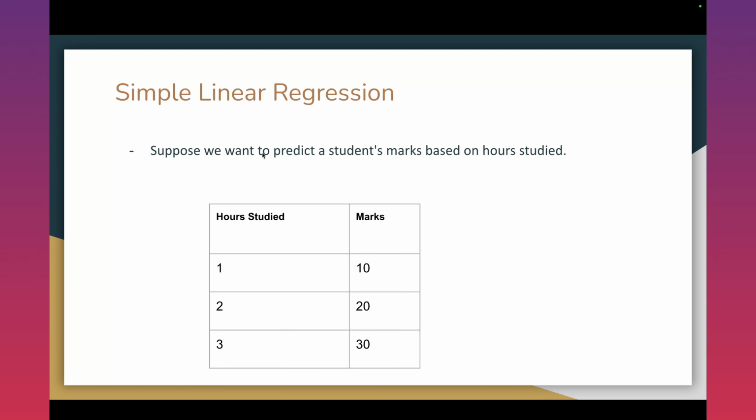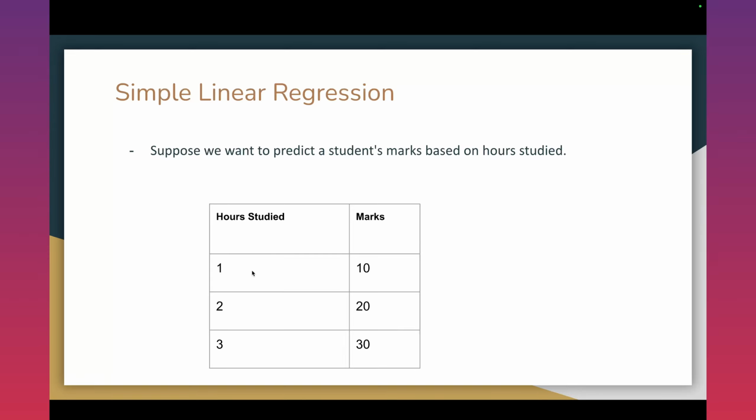Suppose we want to predict a student's marks based on hours studied, and for example we have this data, where students study for 1 hour, 2 hours and 3 hours, and these are their corresponding marks in a test. Let's suppose we want to create a machine learning model which can do this kind of prediction.